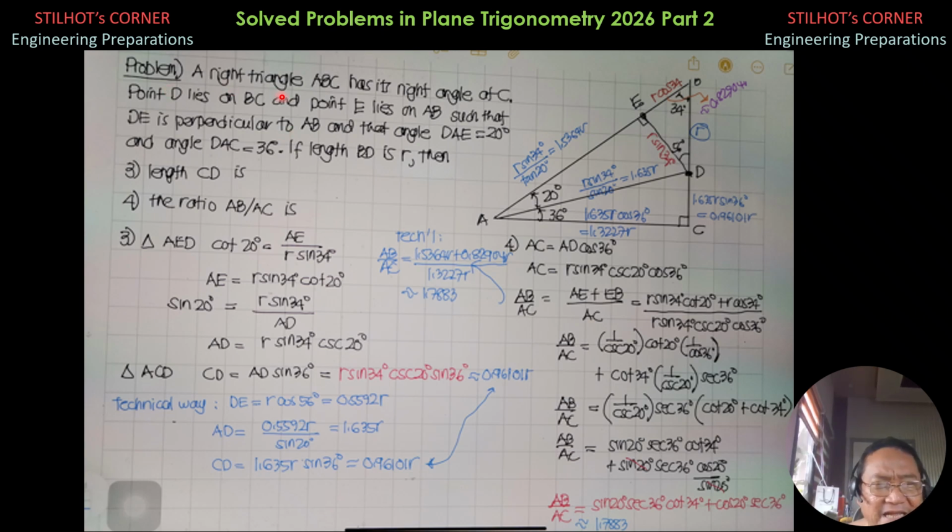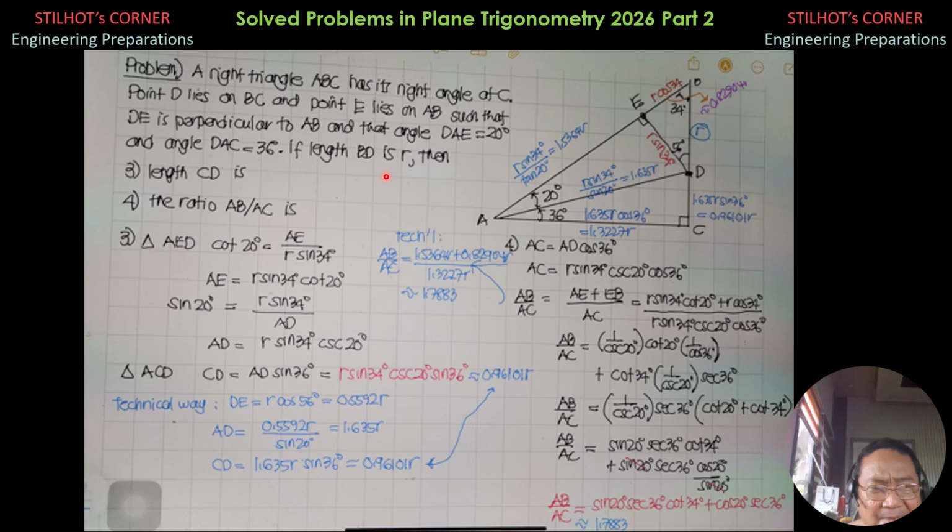A right triangle ABC has its right angle at C. Point D lies on BC. So this is point D. And point E lies on AB. This is AB, so that's point E, such that DE is perpendicular to AB, and angle DAE is 20 degrees, and angle DAC is 36 degrees.